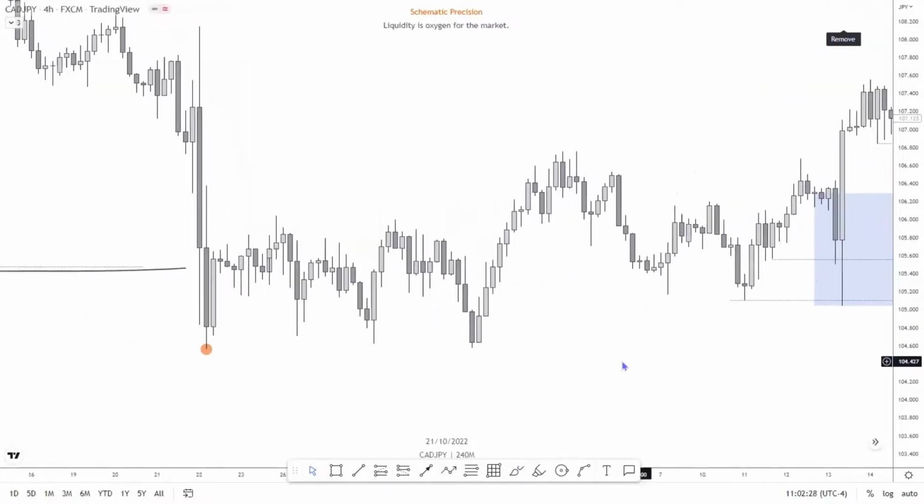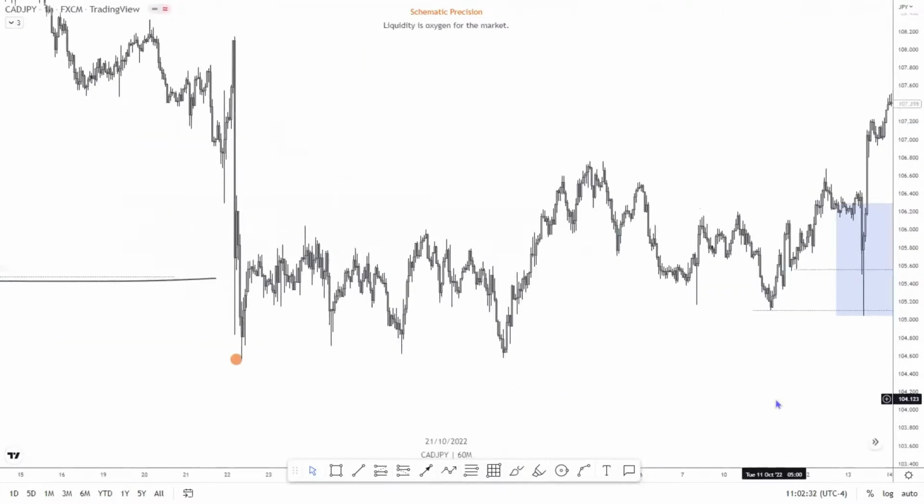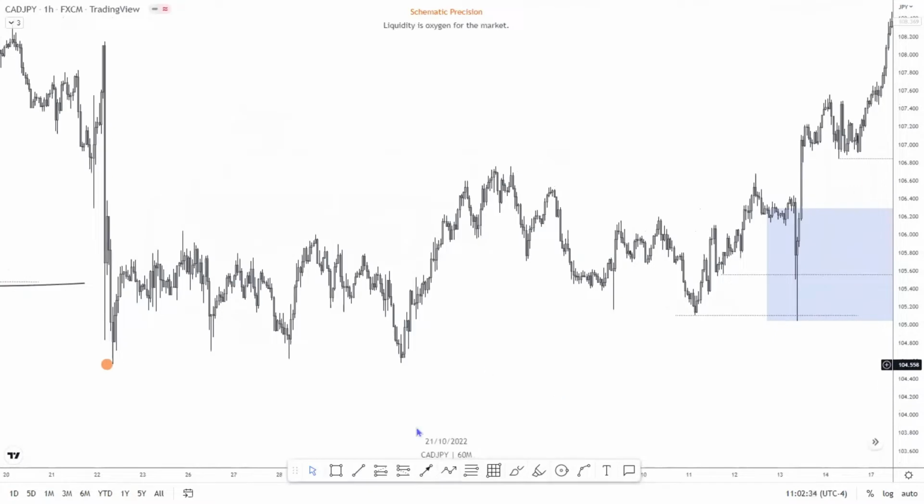As I have shown in the group as well, price has changed the structure here, and after changing the structure, price has taken all this liquidity. This was the main liquidity before this high. After taking the liquidity, price went even lower, mitigated something here on maybe 15 minute, and then started moving higher.